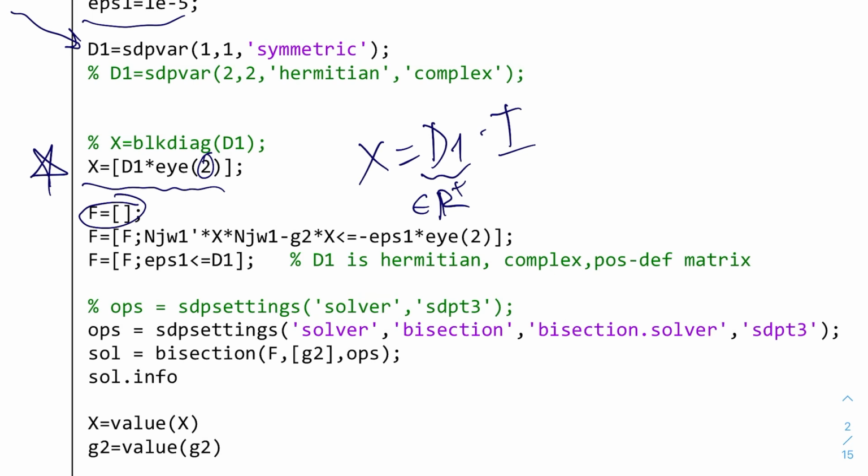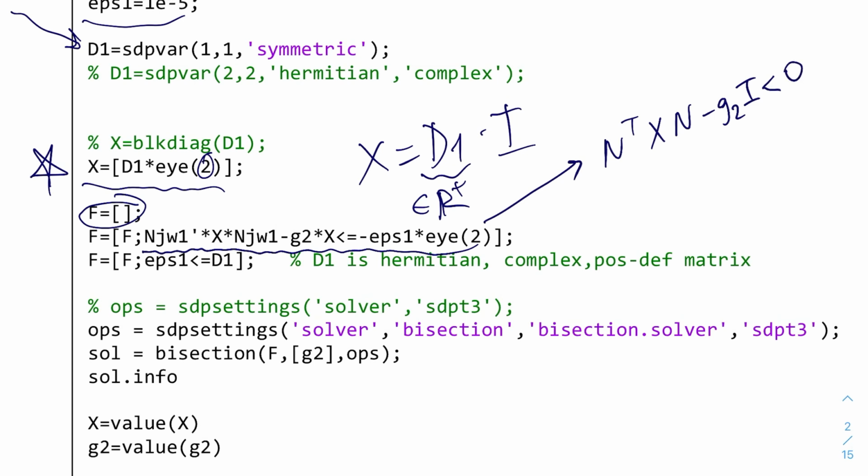So F is our constraints, right? Just try to look at this expression, and recall M transpose X M minus G2 identity.